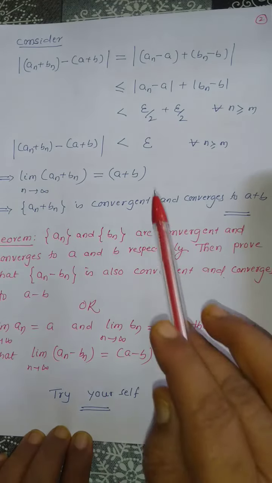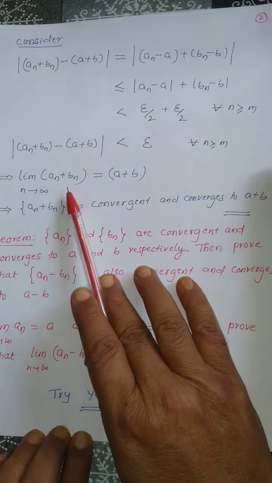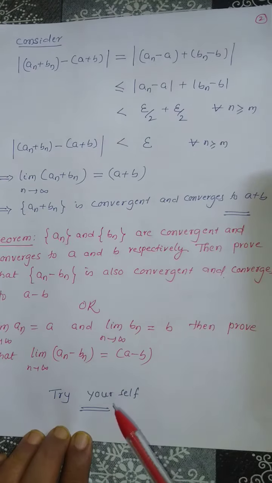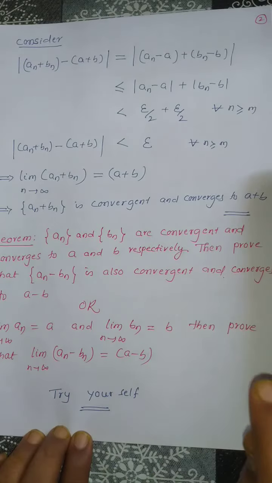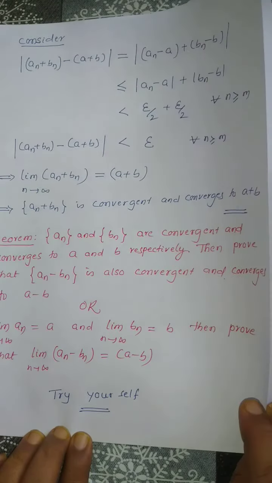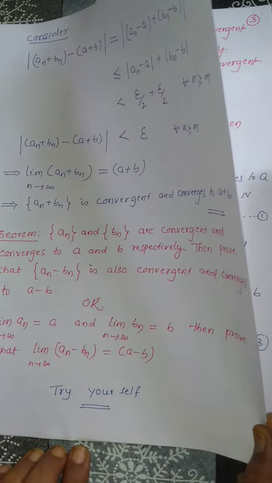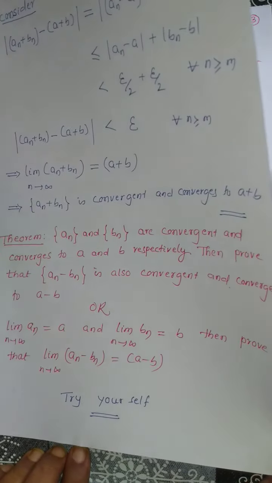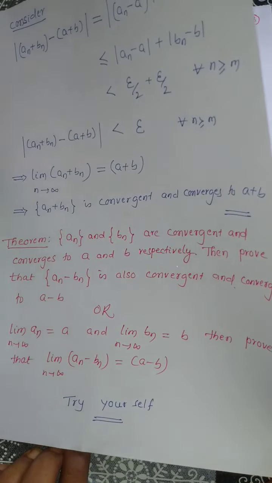You try, just replace the plus by minus sign in the above theorem. The remaining conditions are the same, and definitely you will get this. If you don't get it, you ask me, we can prove it in the next class.